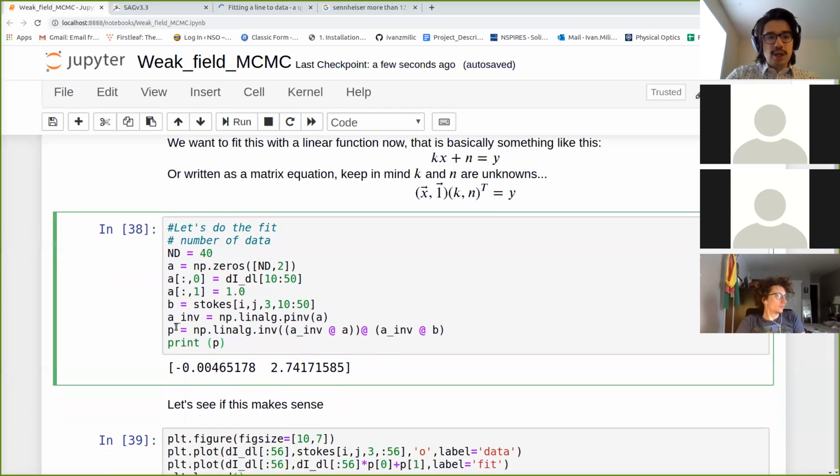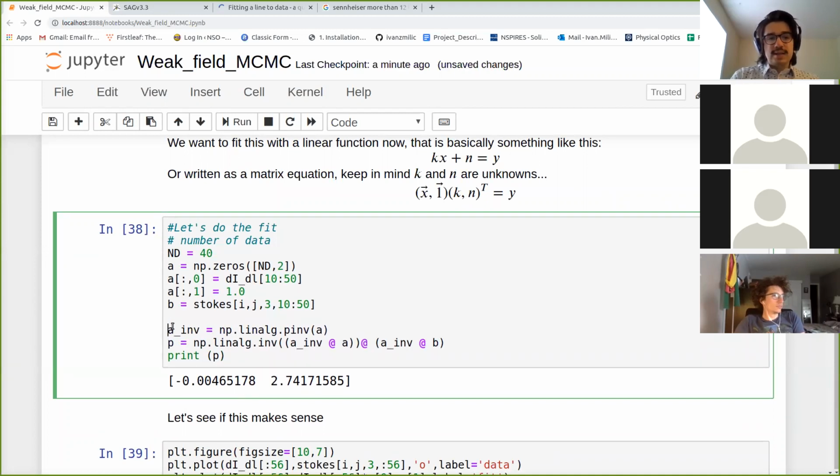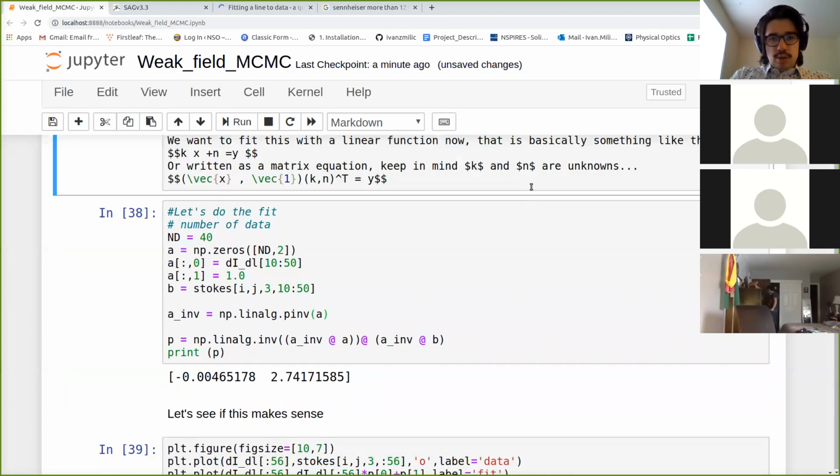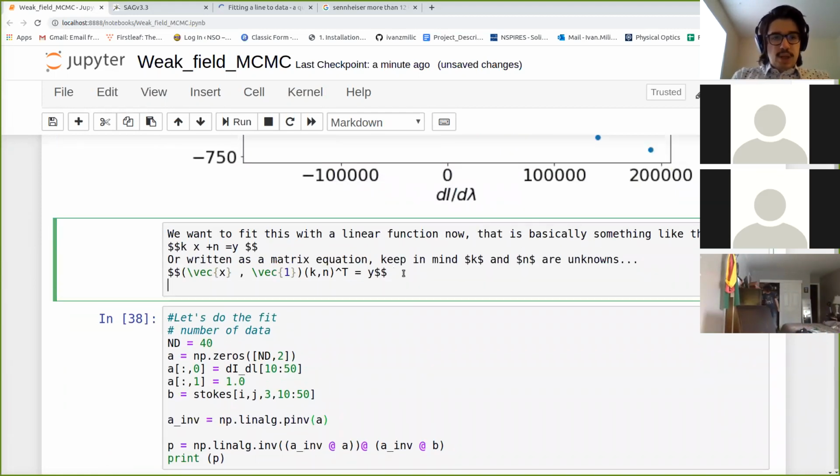So what I'm going to do here is I'm just going to say, well, I have this pseudo-inverse, and then my solution is going to be, what? Let's write a segment here on that. So let's expand this.